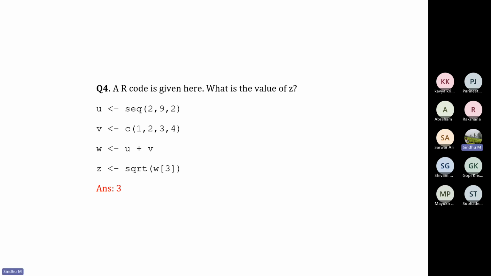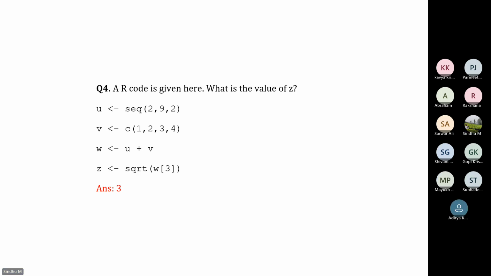So the first line is seq(2, 9, 2). This means it will start a sequence which is starting with this number. This is the starting number. This is the ending number, or the sequence will be less than this 9. And this is the gap or interval between the numbers.